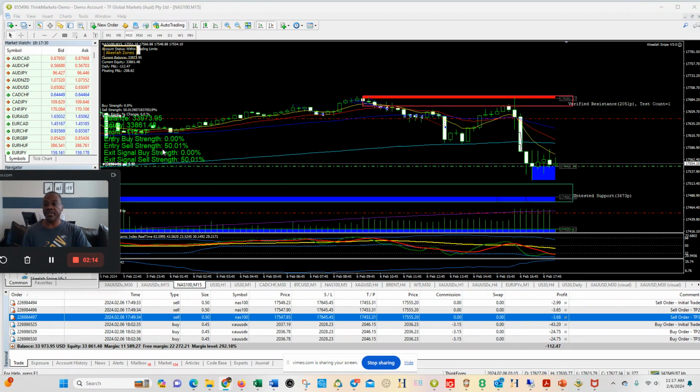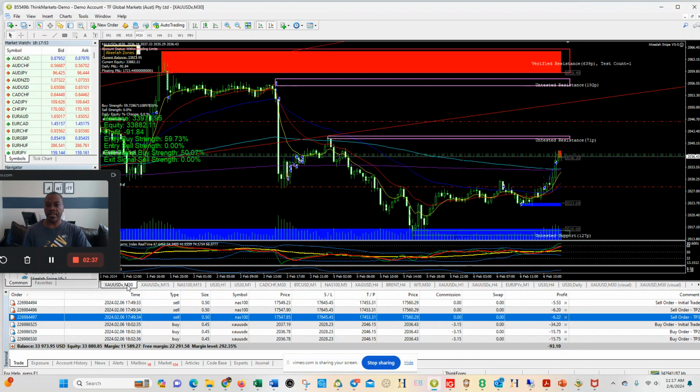You see there's about a 50% buy strength or sell strength on here. So it's just an indicator that the market is not ready to make any significant moves. We did take that trade earlier. There was activity there that triggered that, but for right now, it's pretty much just sitting. Let's switch over to gold and see.